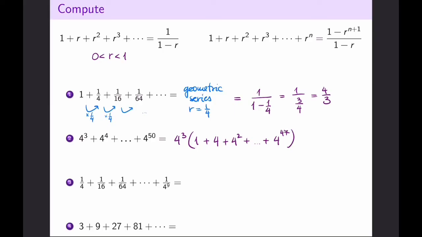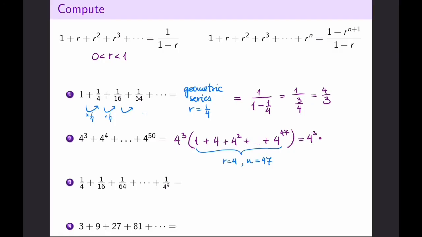Now, this matches the formula exactly. We have 1 as the first term, we have the ratio as 4, and we have that the end value, being the highest power here, is in fact 47. So I can apply the formula for the finite geometric series onto the summation in the brackets. 4 cubed is going to have to be multiplied separately afterwards.